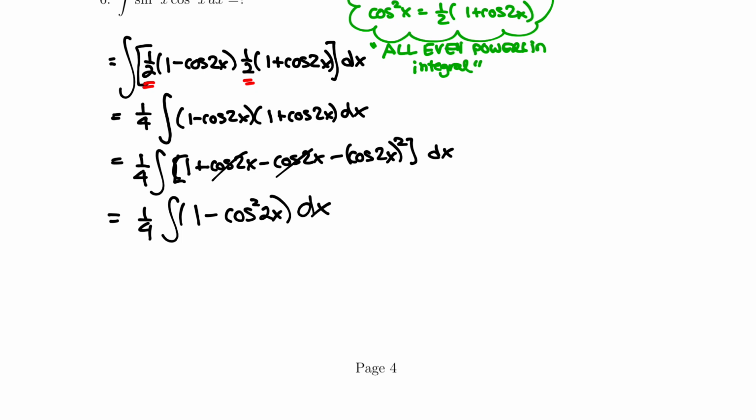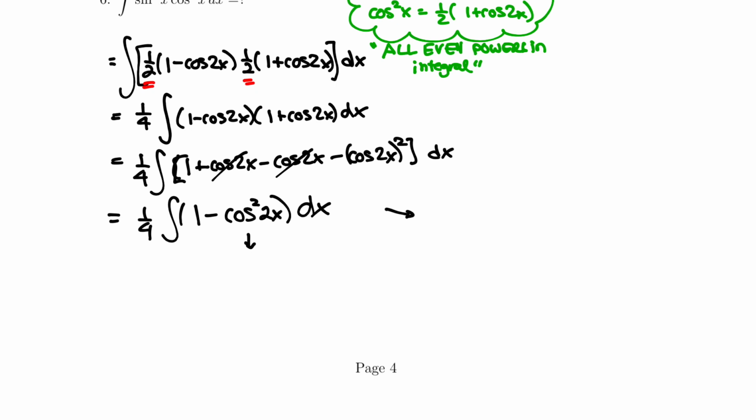Now, Nate, what did you see here? You don't have to see this, but what did you see here? You can change the 1 minus cosine squared of 2x into sine squared 2x. He said, oh hey, 1 minus cosine squared is just sine squared. So I'm going to put 2 arrows here. You can either do it Nate's way, or you can continue working with the cosine squared.